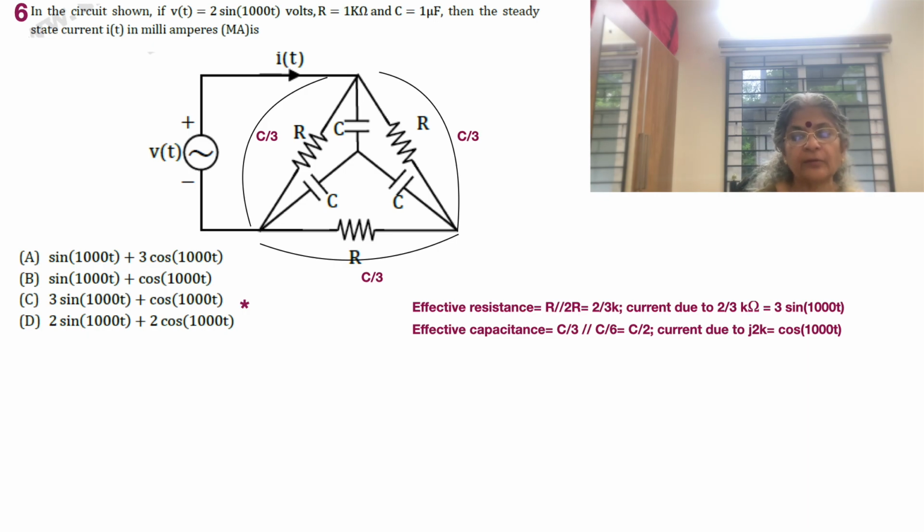So immediately we see that when you divide 2 sine 1000t by this impedance value, there is a change in angle, because of j, there is an angle of lead of 90 degrees. So the answer is going to be cosine, and the 2s cancel. So we have the other component, as was predicted, equal to cos 1000t.